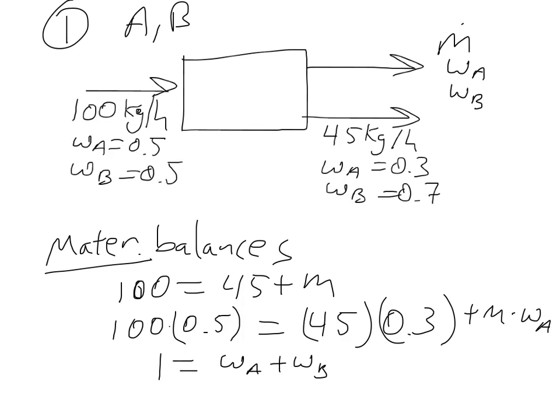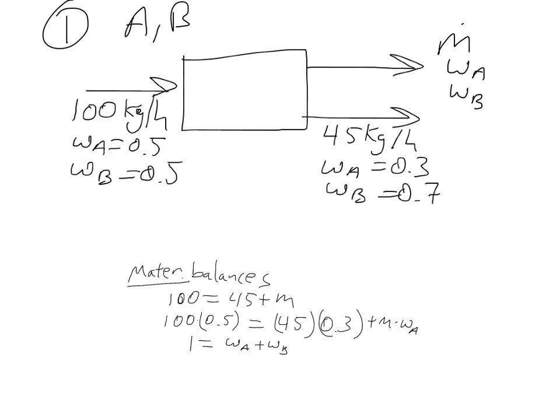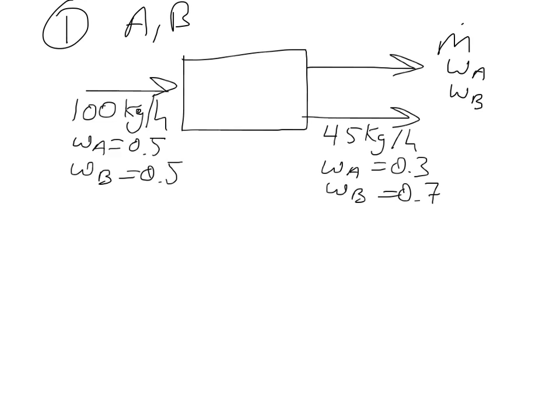Let me go ahead and erase this here and show you a different method that we can use to solve this. This is our second method, and it's much like the first method, it's just how we set up our variables.